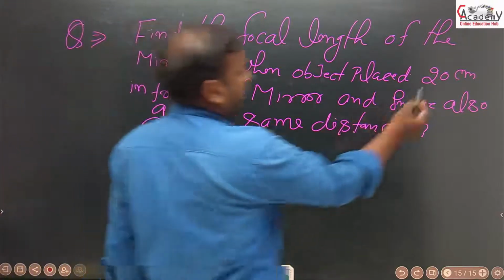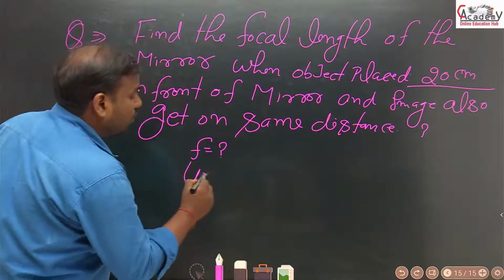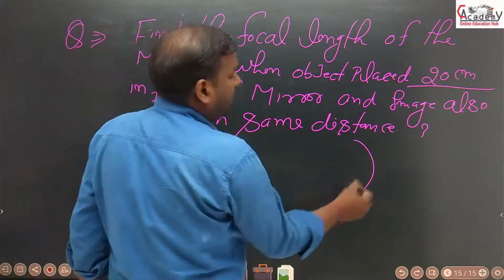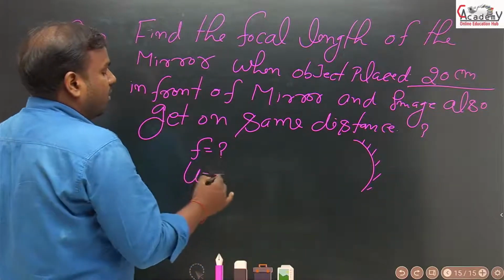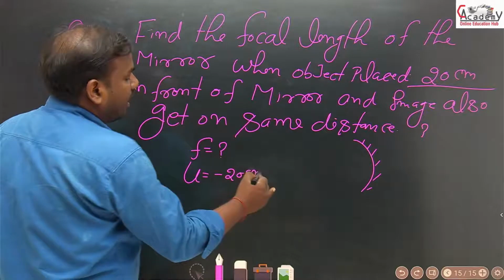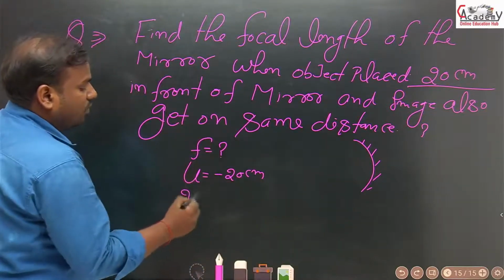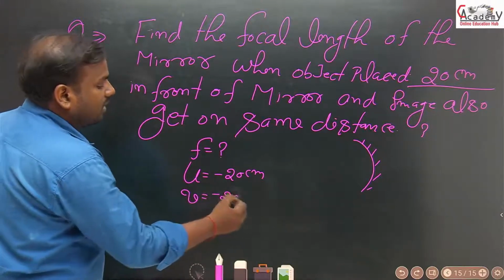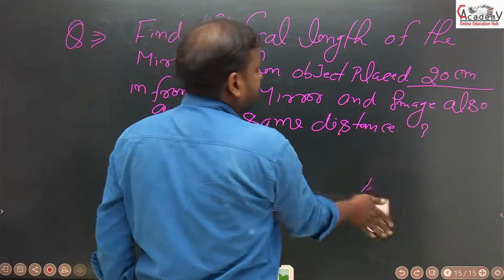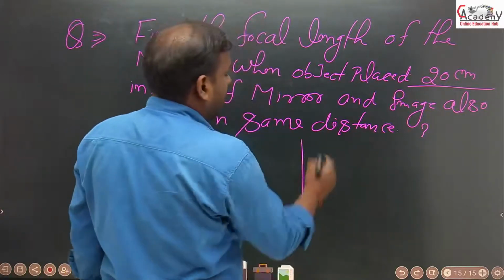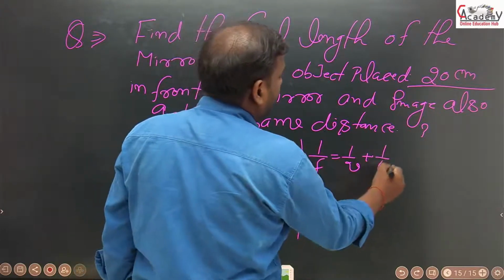What is the object distance? 20 centimeter in front of the mirror. Front of the mirror means u is negative. For a concave or convex mirror, the object distance will always be negative 20 centimeter, and the image also forms at the same distance, so v is also minus 20 centimeter. Then find the focal length using the mirror formula: 1 upon f is equal to 1 upon v plus 1 upon u.